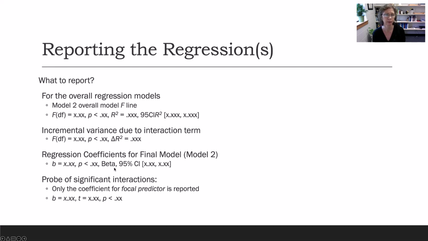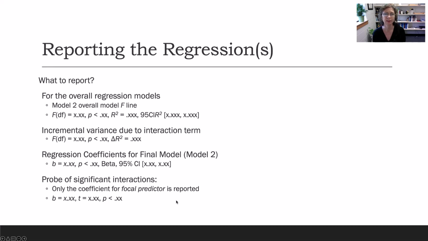Your regression coefficients for the final model would be the regression coefficient itself, the significance, the beta, so now you need the standardized regression coefficient, and the 95% confidence interval for your unstandardized regression coefficient, the first one.